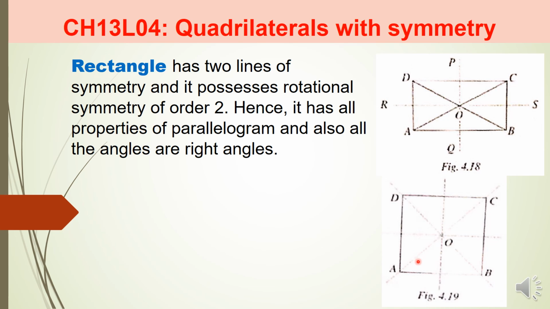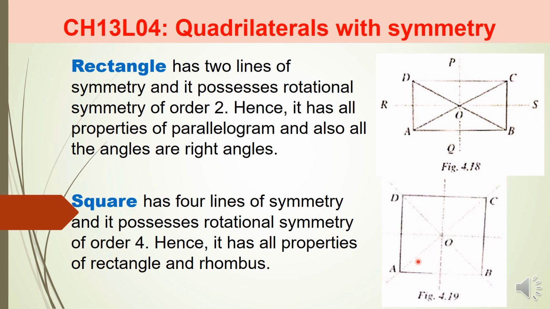Then go to the square. So the square has four lines of symmetry. You look at this line, you see this one is halved, yeah? And then choose this line, we also have. So we have four lines of symmetry. The order of rotational symmetry is also 4.